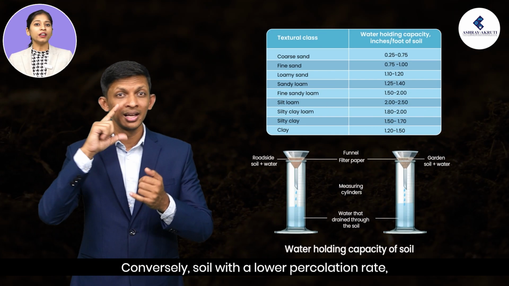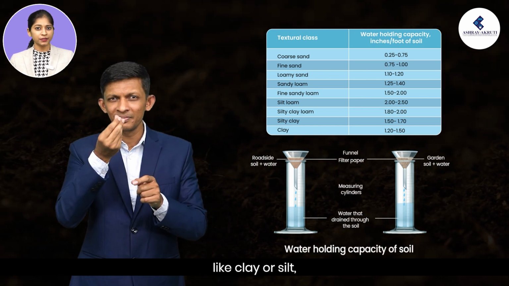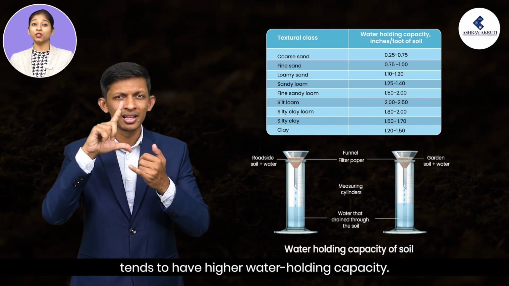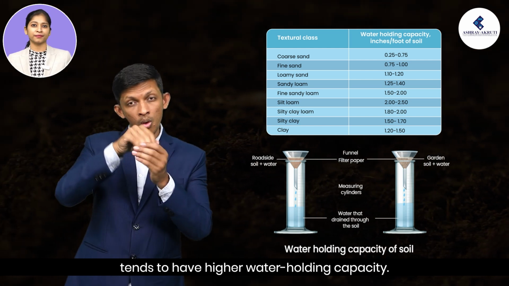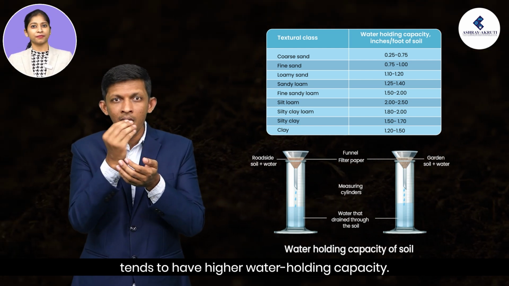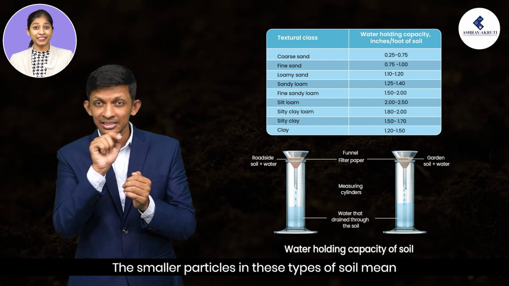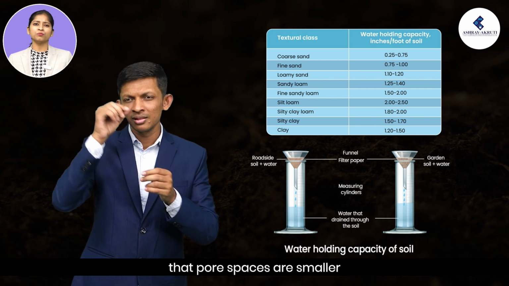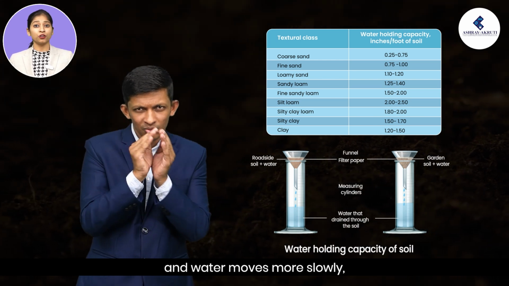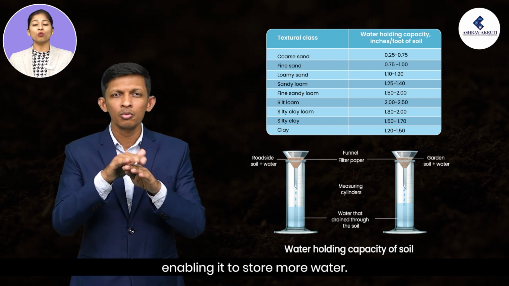Conversely, soil with a lower percolation rate, like clay or silt, tends to have higher water holding capacity. The smaller particles in these types of soil mean that pore spaces are smaller and water moves more slowly, enabling it to store more water.